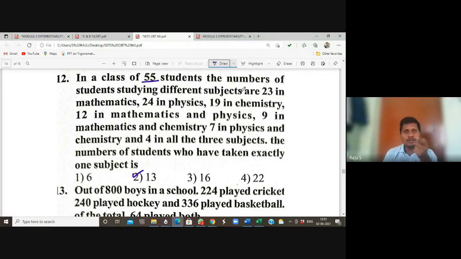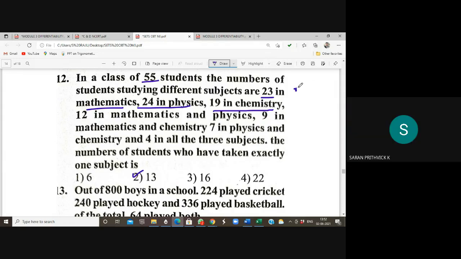In a class, how many are there? 55 students. The number of students studying different subjects are 23 in mathematics, 24 in physics, 19 in chemistry. Like that, all the data. So, M intersection... Sir, 22. 22, fourth option. Yes.